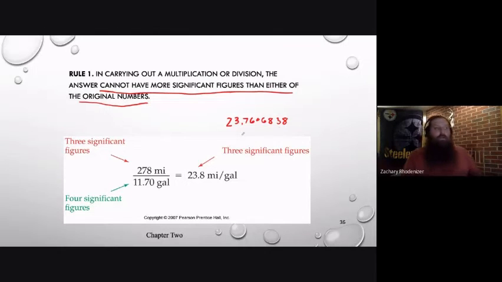Now, this is your calculator overflow, your calculator diarrhea. This is what we don't want. So I go, okay, here's 3. So I go 1, 2, 3. So that's where I have to stop. So this is where we round.